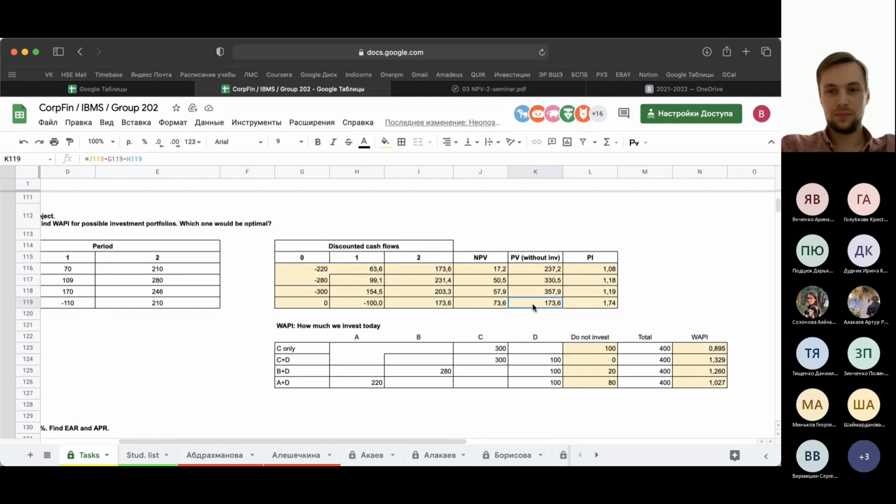Yes, I told one student, I do not remember who, that we made a little mistake. So the present value is 173 here, the net present value is 73, and the profitability index is 1.74. Yes, because I found that it was different. I took a picture, and when I compared it, I wanted to be sure. Thank you.